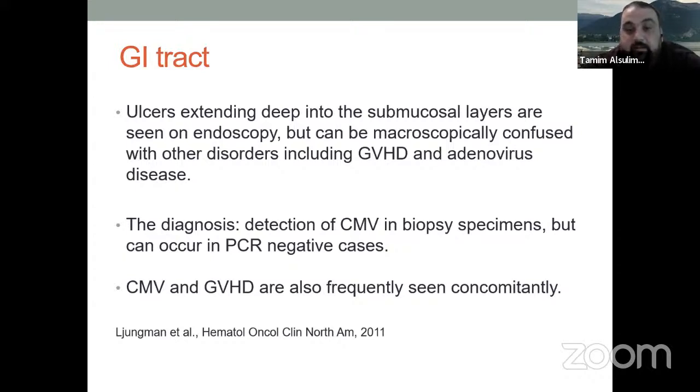CMV and GVHD are commonly and frequently associated concomitantly. So it's a second point to keep in mind: if we are sure that we have a GI tract GVHD, we cannot rule out CMV disease so simply, because they can go together.